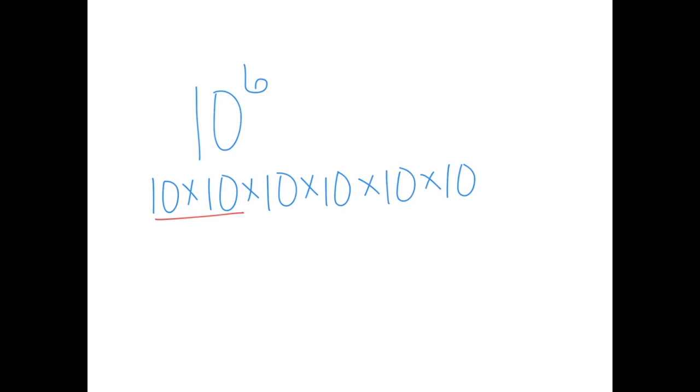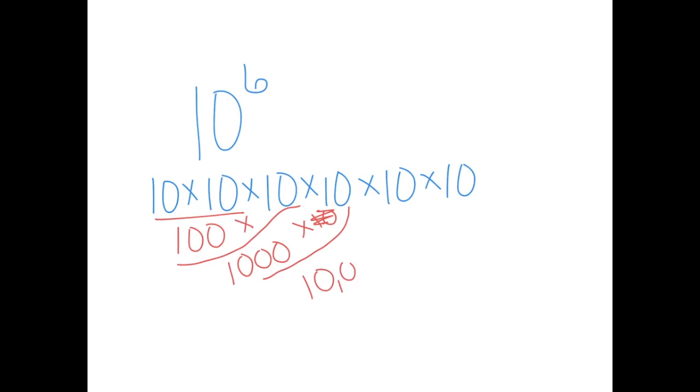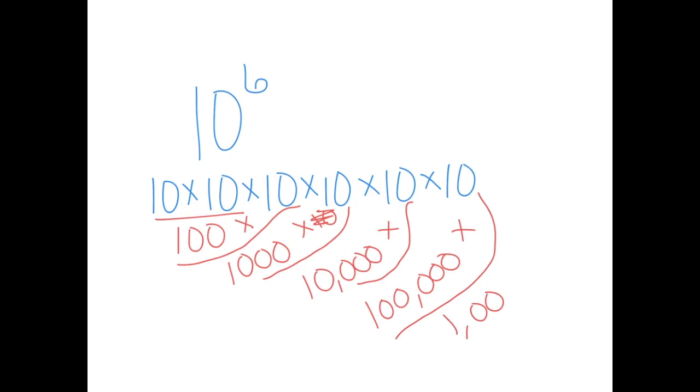First part, 10 times 10, we know it's 100. 100 times 10, 1,000. 1,000 times 10, oh, the 10's already written there for me, 10,000. 10,000 times 10, I'm up to 100,000. And finally, 100,000 times 10 would give me 1 million. So you can see that 10 to the sixth power is equal to 1 million.